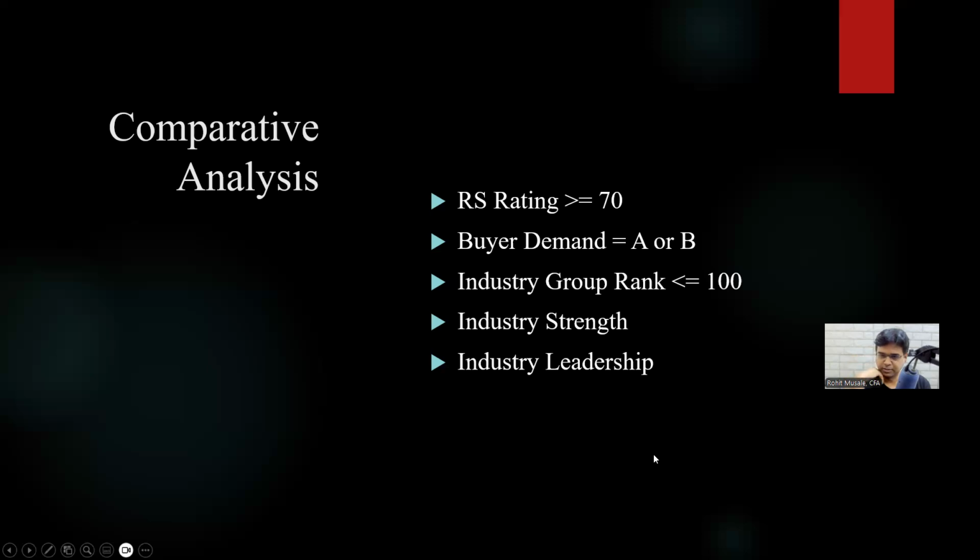Industry leadership doesn't mean it should come in the top 3 or 5 by market capitalization. Industry leadership means it should be great in EPS, sales, ROE, margin. Now the problem with that approach is you don't have all of that data in one place in MarketSmith. So roughly what I do is I stick to the top 3 or 5 stocks within the industry group based on market capitalization.